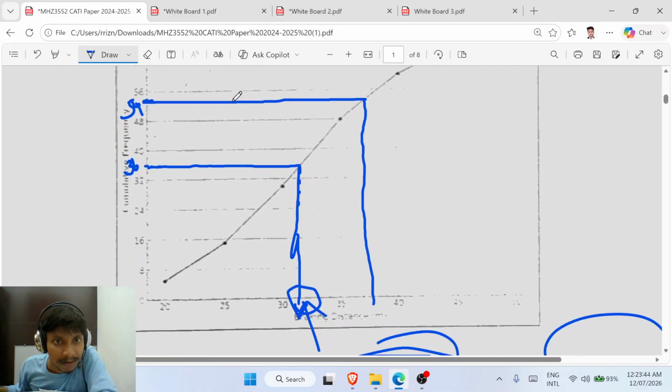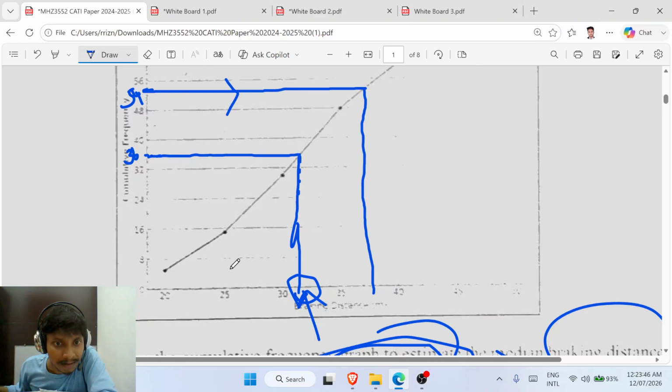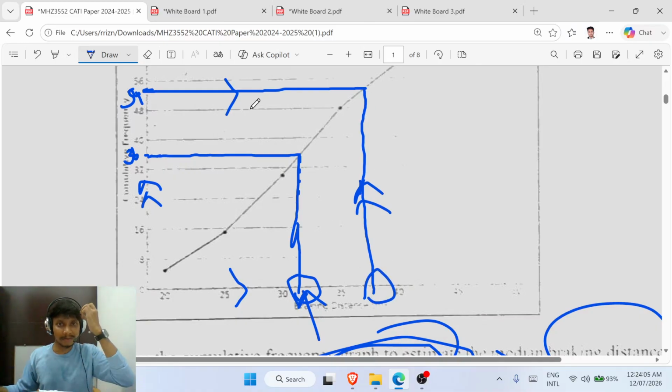This is the x-axis, and our horizontal line must be parallel to the x-axis. Likewise, the vertical line must be parallel to the y-axis. Then we can find the 54th value, and it will be 37.5 meter.